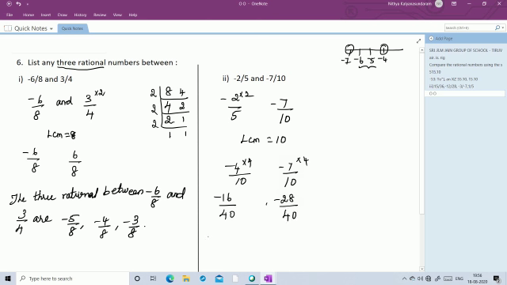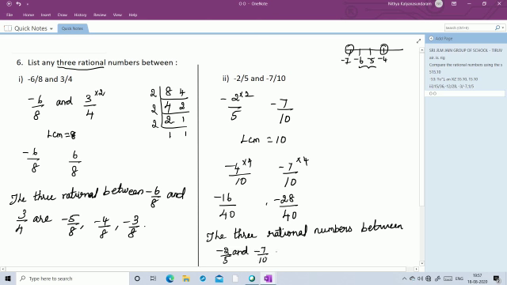So we have in between so many rational numbers. So the 3 rational numbers between minus 2 by 5 and minus 7 by 10 are minus 17 by 40, minus 18 by 40 and minus 19 by 40.